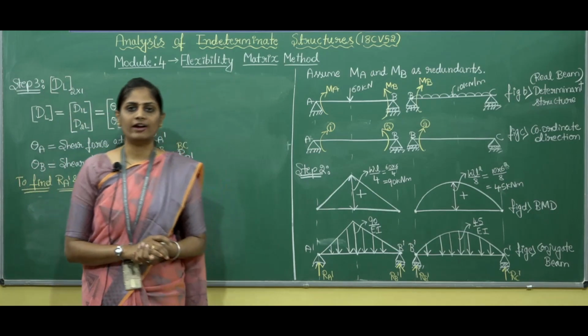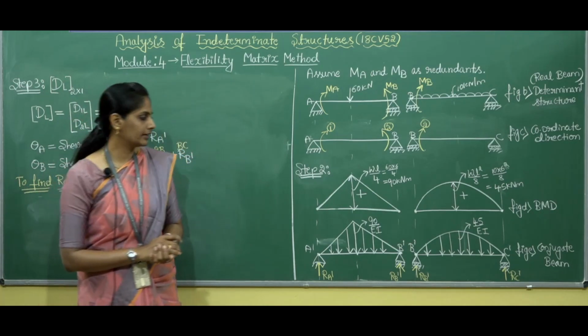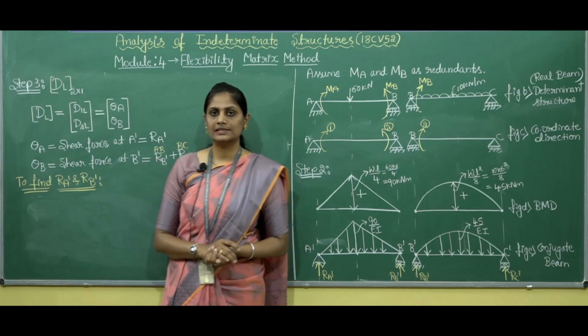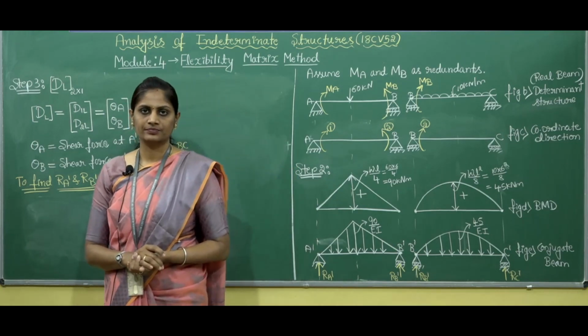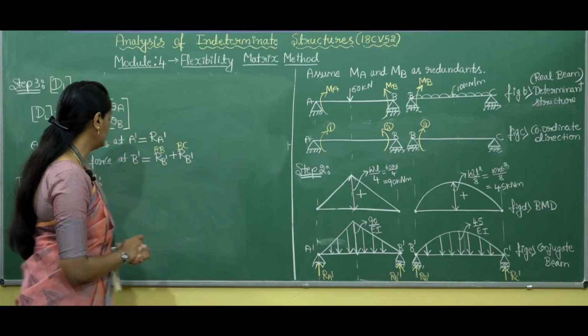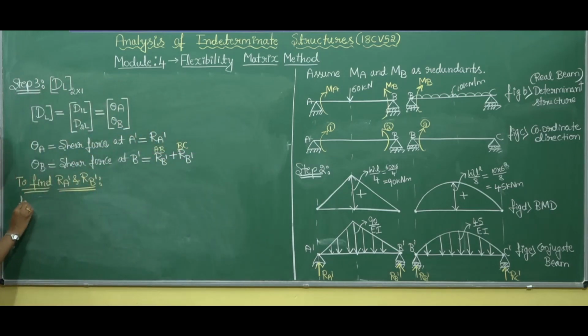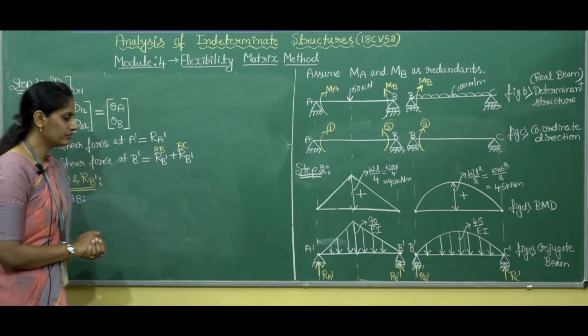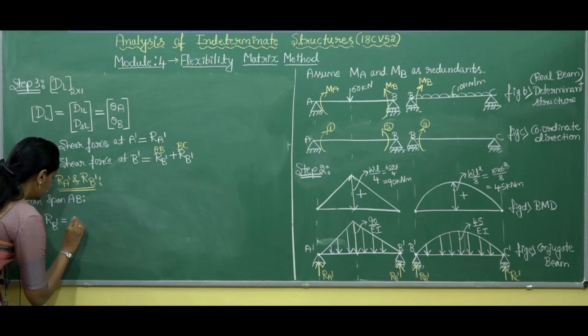So we can find the reactions RA dash, RB dash and RC dash by applying simple equilibrium conditions. So let us take the span AB. From span AB, we can have RA dash equals to RB dash equals to, since we have symmetrical triangular loading, total load divided by 2.